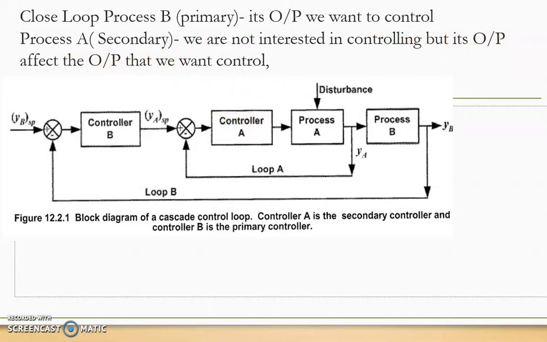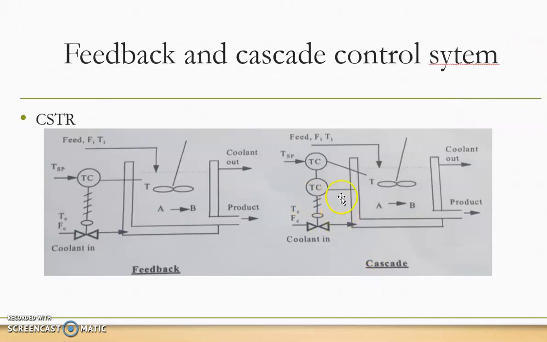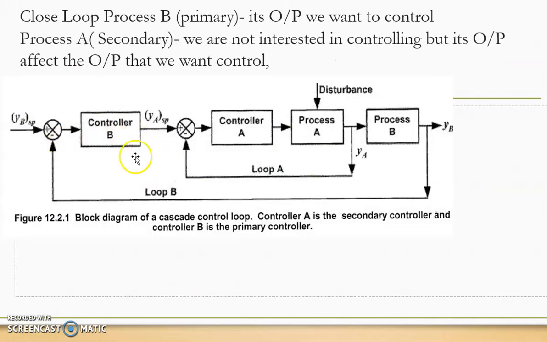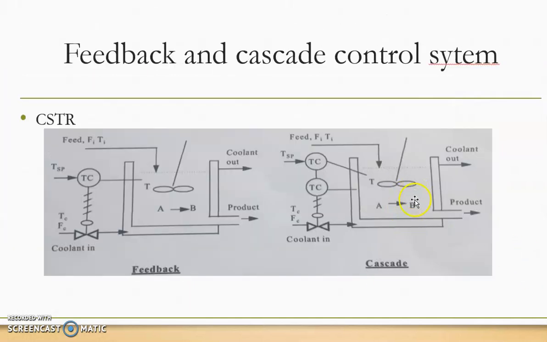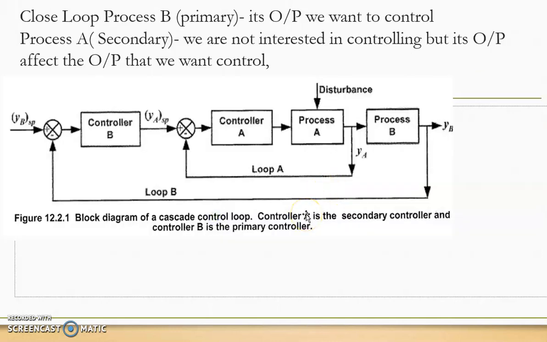In this example, process A is the temperature of the coolant in the jacket, which we are measuring and maintaining at a particular level. Process B is our main objective, that is, the temperature of the reaction mixture in the CSTR, which we want to control.